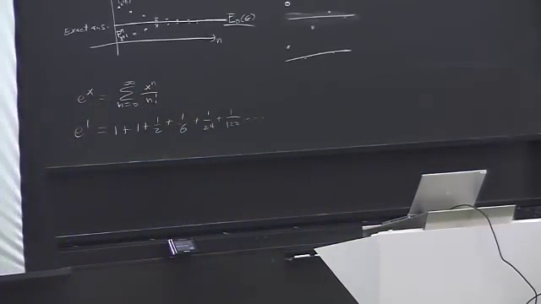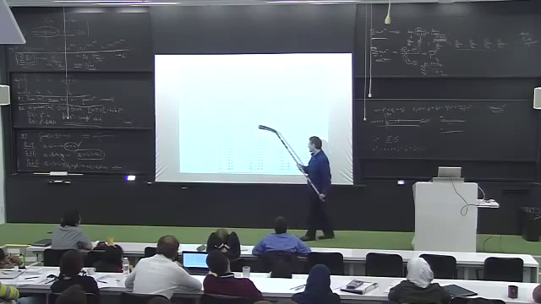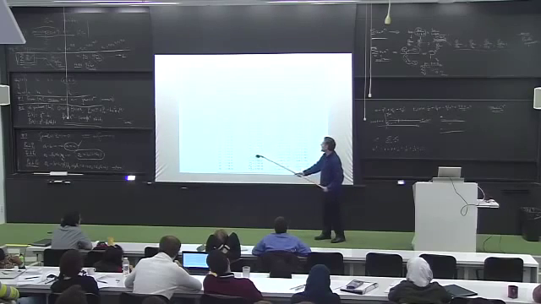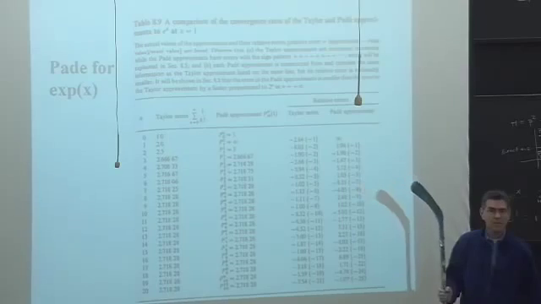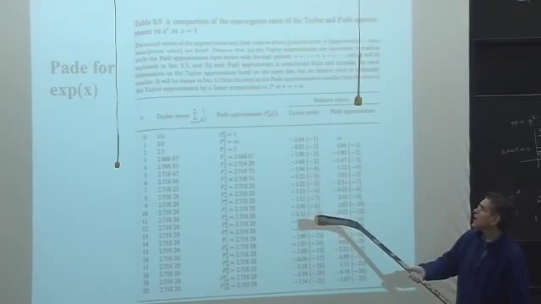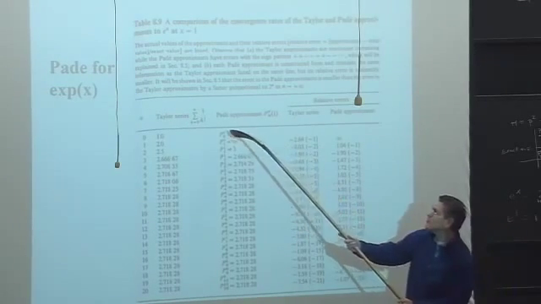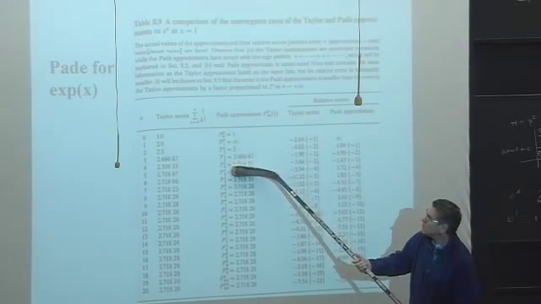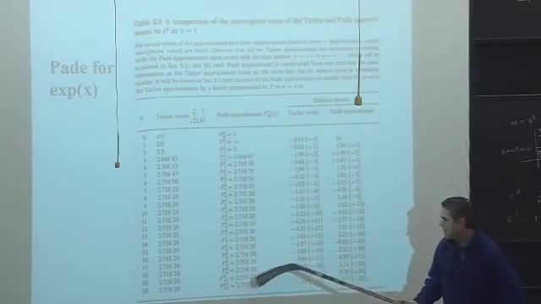This is what happens if we're adding up the Taylor series. This is what happens if we add up the Padés. That is, we calculate the diagonal Padé sequence. So here's P00, P01, P11, P12, P22, and so on.